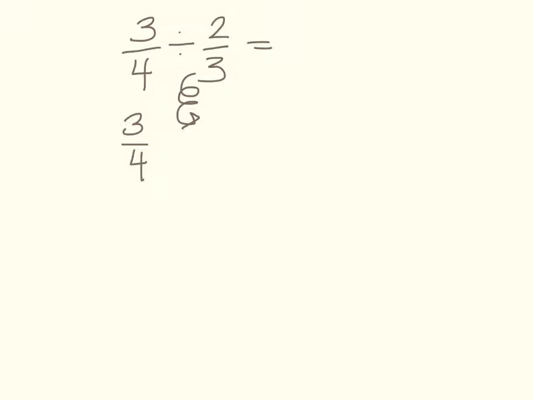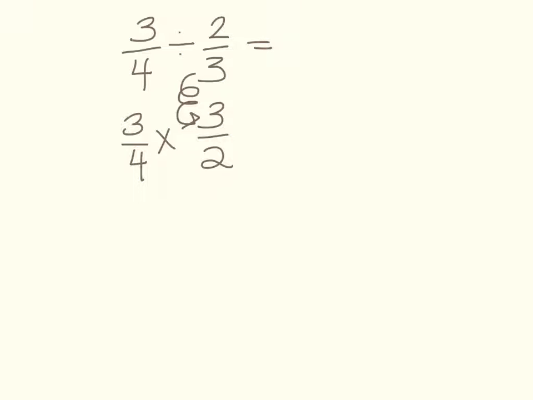So let's do another one. If I have 3/4 divided by 2/3. To divide a fraction, flip the second, so the first stays the same. I'm going to flip this guy, and he's going to be 3/2.